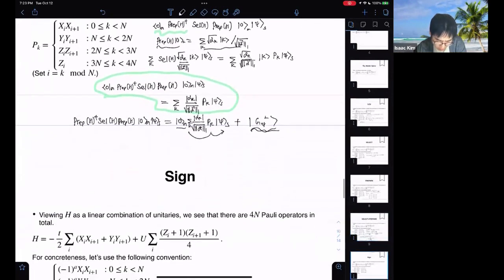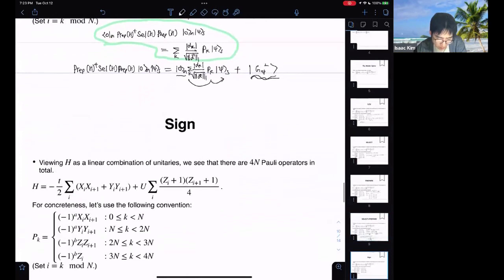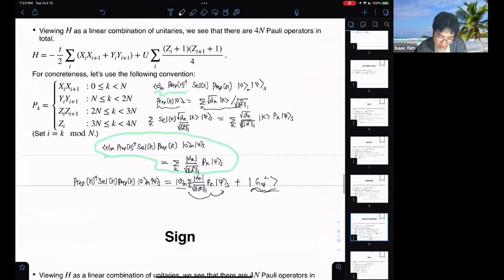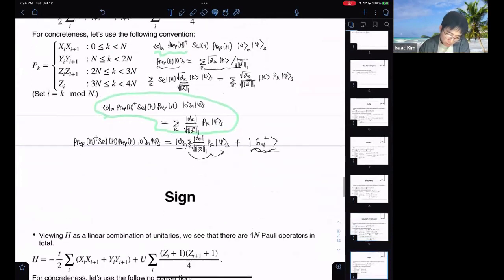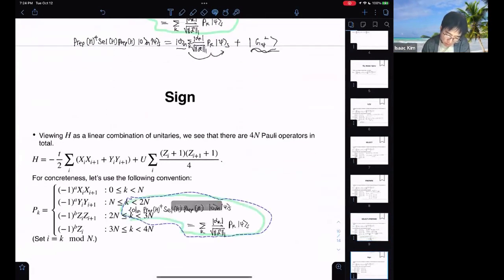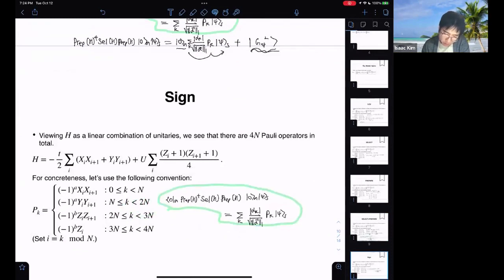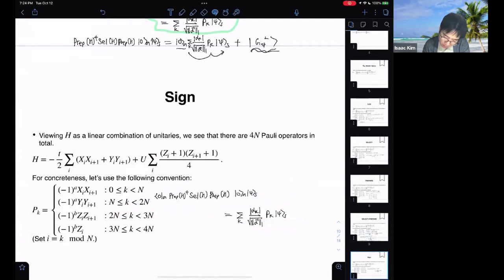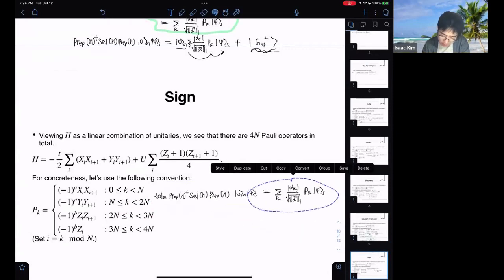So one thing that you may worry about at this point is that this operator that we got is not really the operator that we wanted to implement, right? So we defined prepare and the select operation, and at the end of all of that, we obtained this equality.